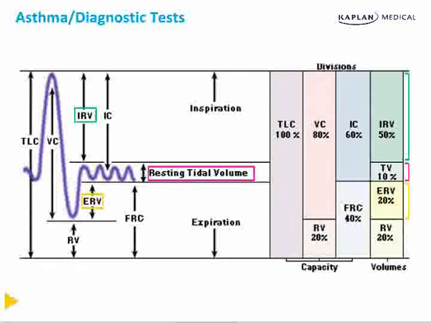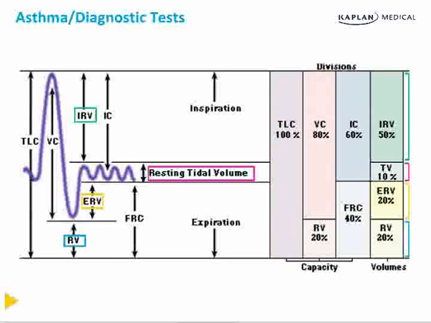So to conceptualize the ERV, think about a person who's taking in normal resting tidal volumes at rest, and then at the end of their normal expiration, they continue to expire all the way down to the maximum so that all of the air that they're able to expire out of their lungs is out. The expiratory reserve volume represents the amount of extra air that was expired after the patient expired their normal resting tidal volume.